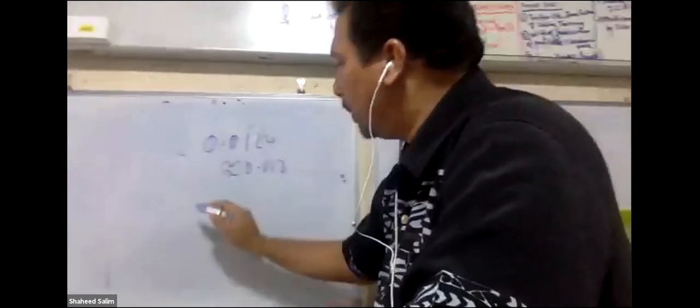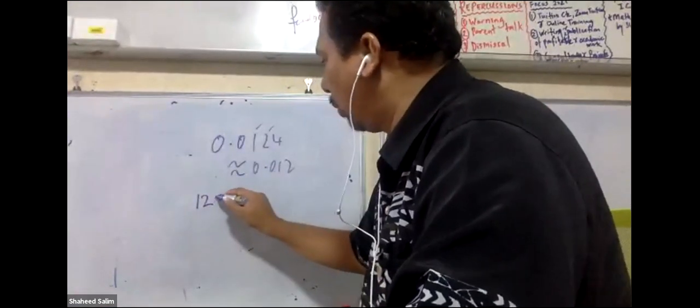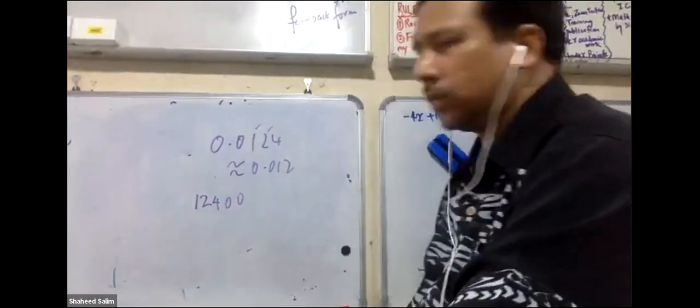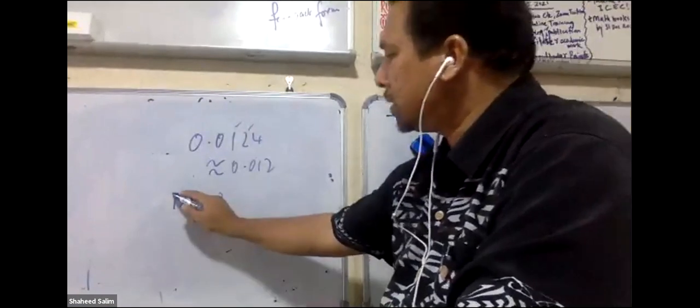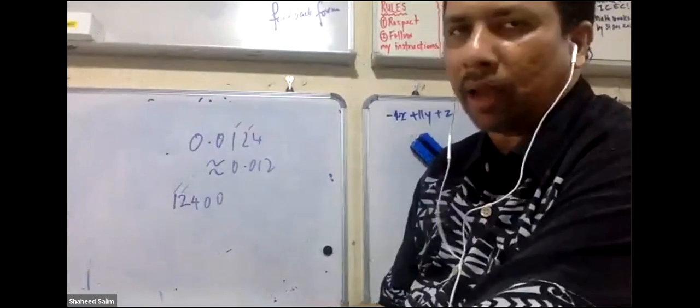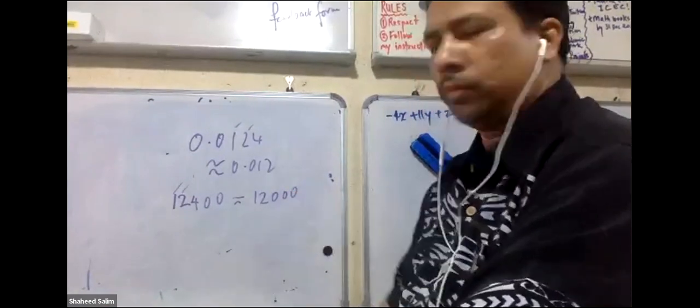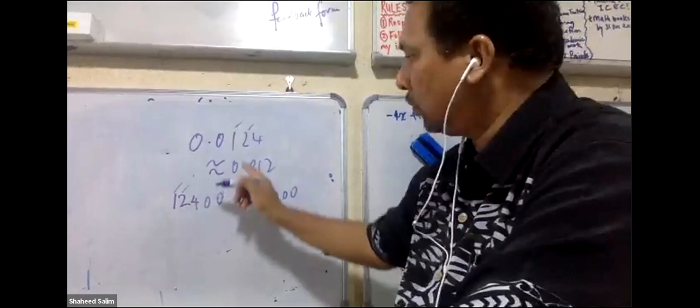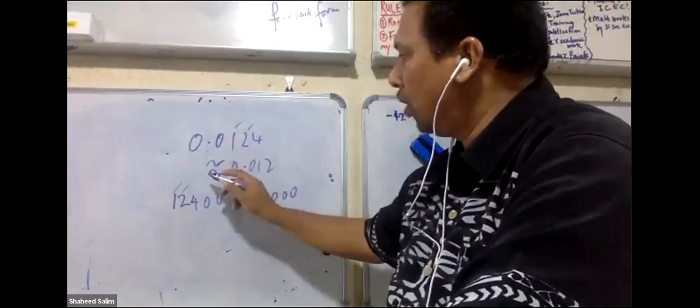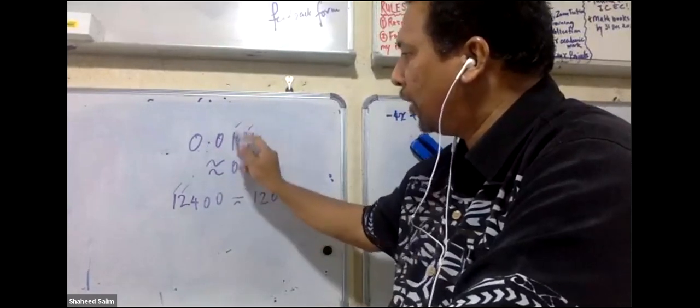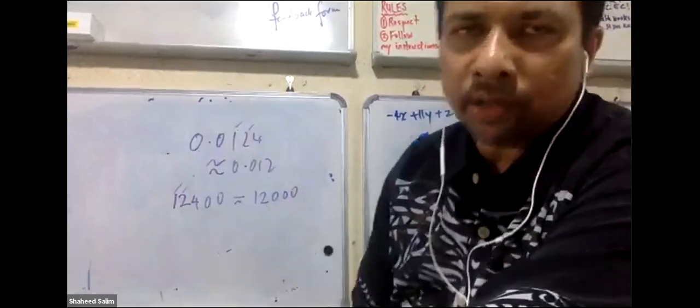But the other way, you have 0 at the back, 12400. You already count the first and second, and you have to count the zeros, so 2 significant figures here is 12000. Notice for decimal, if it's all 0, you start counting from the first non-zero digit.